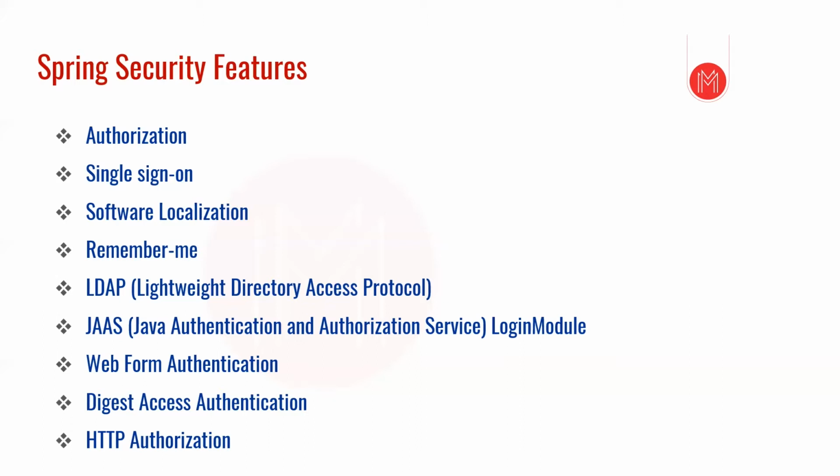Authorization, as I already told you, is nothing but providing some privileges to the user. Based on that permission, based on those privileges, the user can access resources. This functionality is provided by Spring Security and allows the user to be authorized before accessing resources.